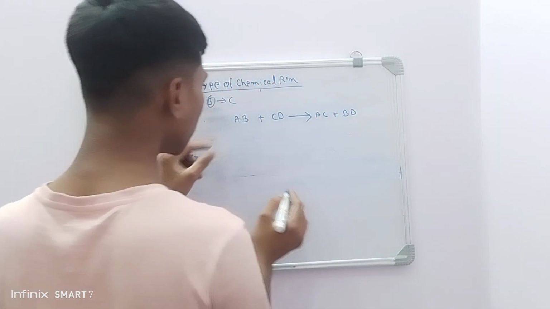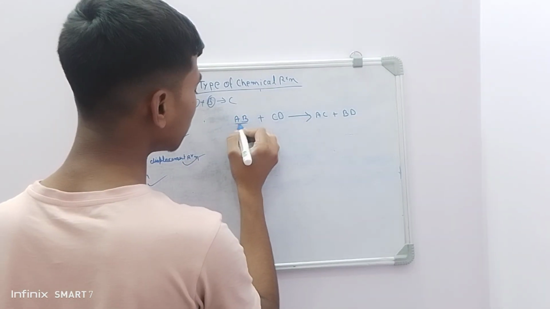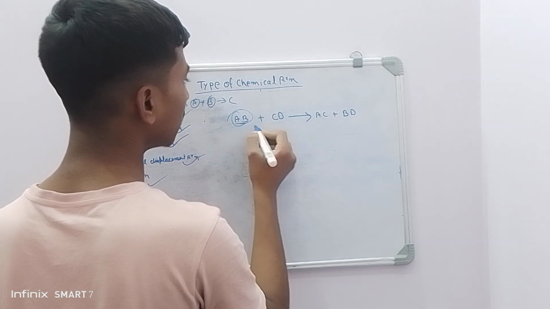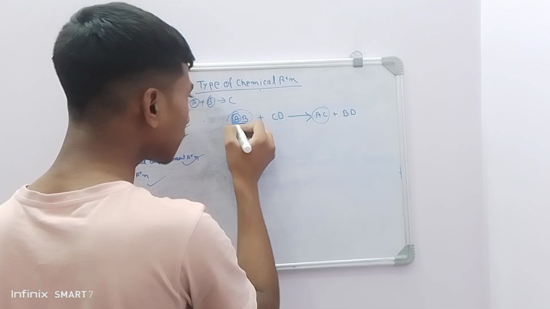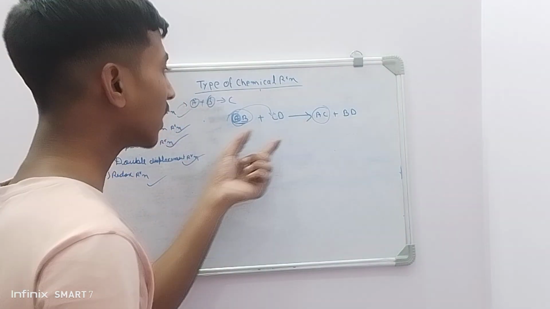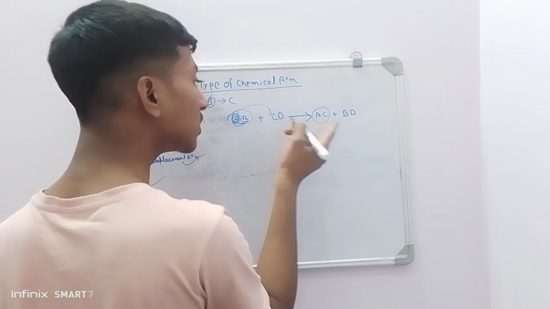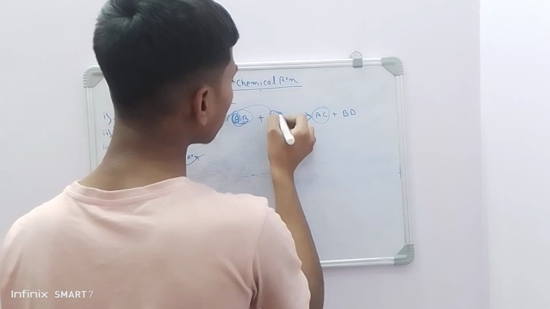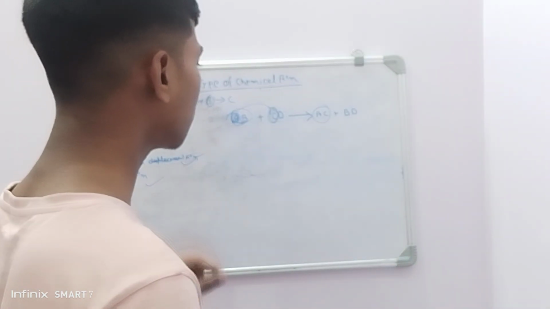In this you can see that it is an example of a double displacement reaction. A was combined with B, and here A is combined with C. That means A is displaced from its position and gets here. It is double displacement because both partners change their positions.